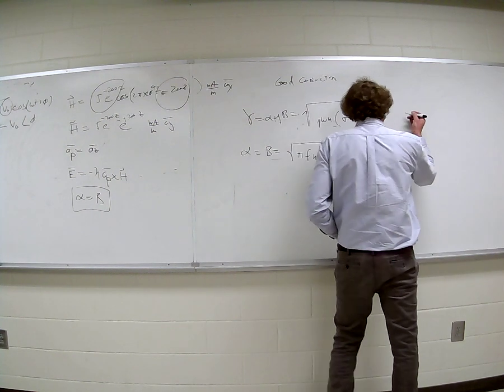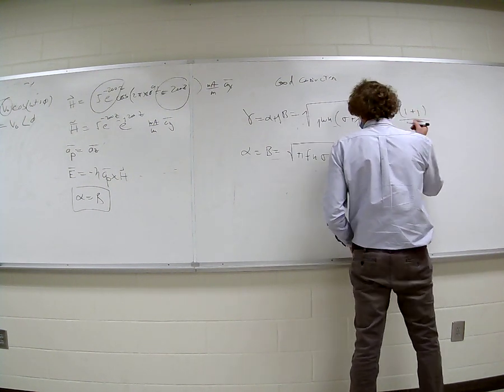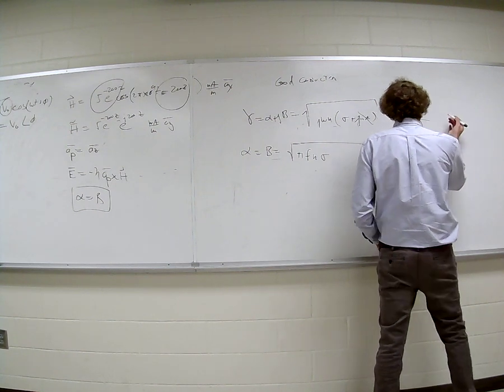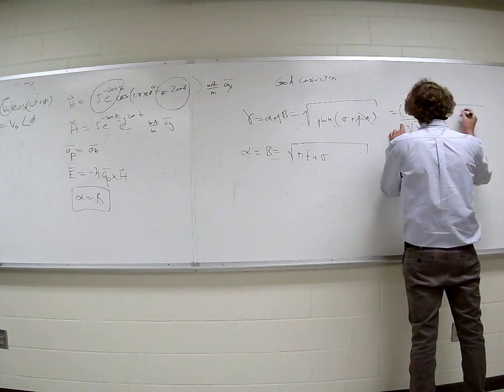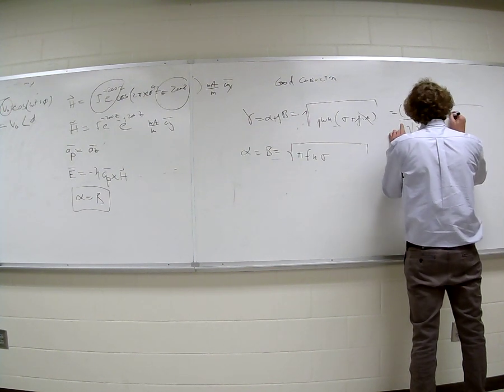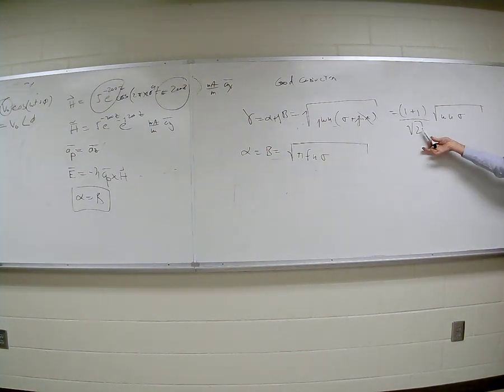This is equal to 1 plus j divided by the square root of 2, right? Times this, which is equal to the square root of omega mu sigma. Now, if you look at this, you could take the square root of 2 in here, you get 2, and omega is 2 pi f. Correct, class? So that's where I get this.